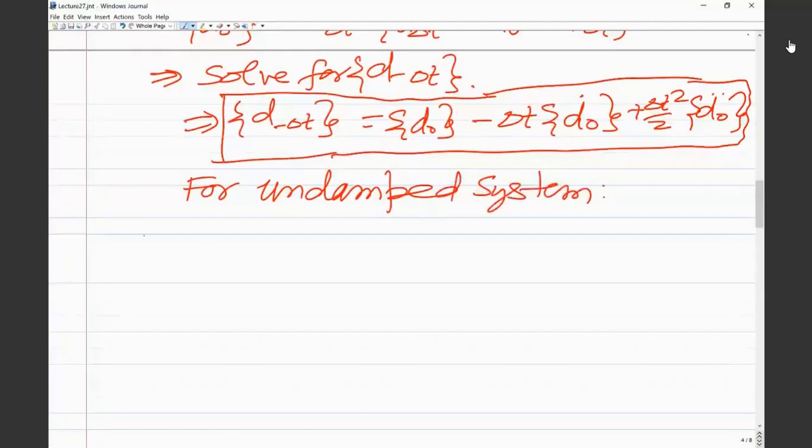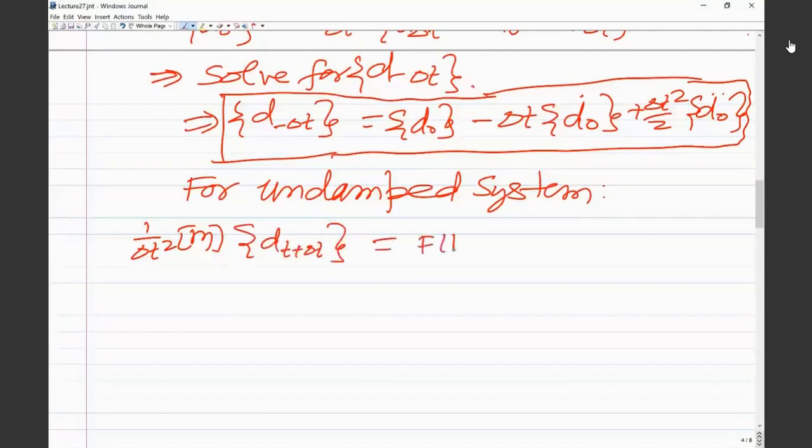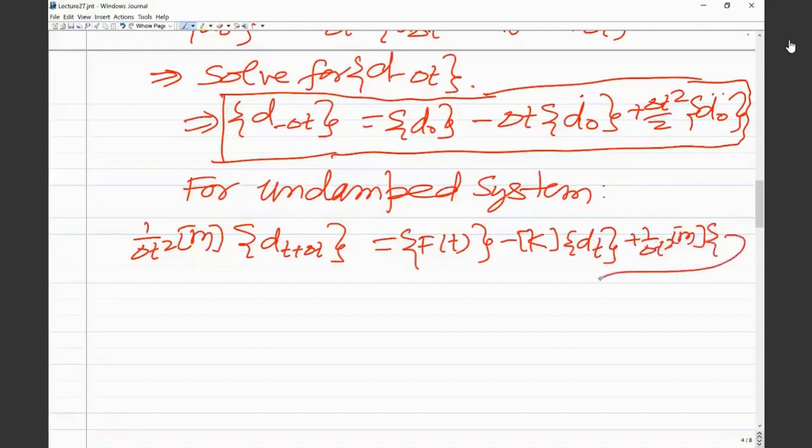You will have 1 upon delta t square into m into d at t plus delta t on the left, and on the right hand side, f at t, the full load vector, minus k into d at t, plus 1 upon delta t square into m into 2 d at t minus d at t minus delta t.